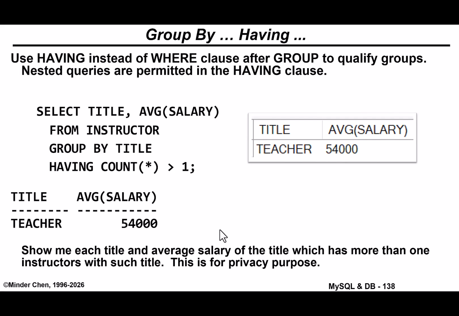Having is the equivalent of the where clause, which is the filtering criteria over the group by result. And so in this case, we're saying that we would like to see the title and the average salary for each of the unique titles.